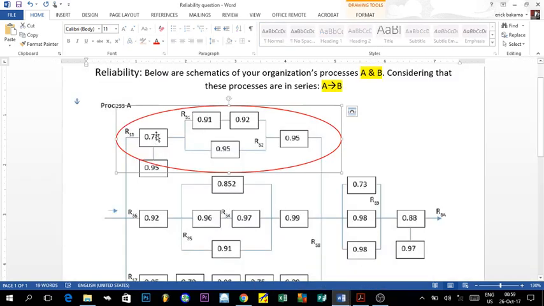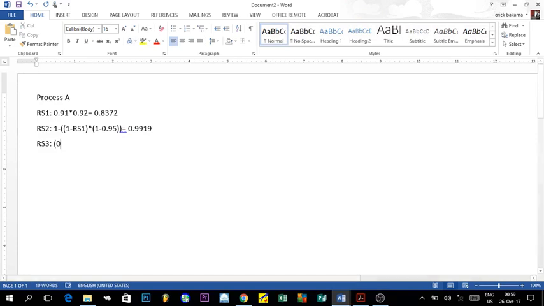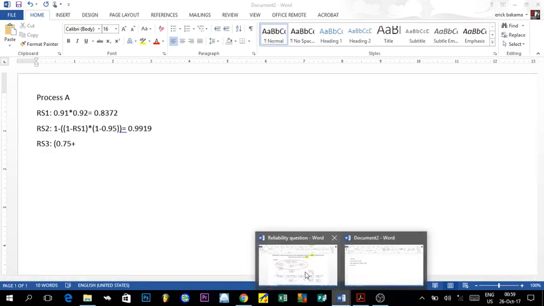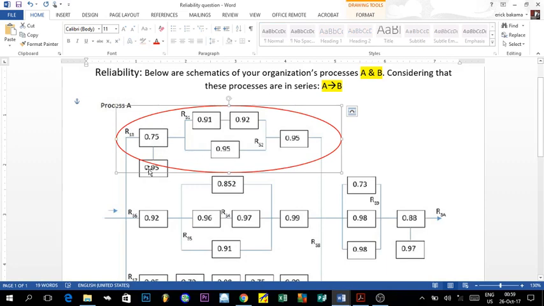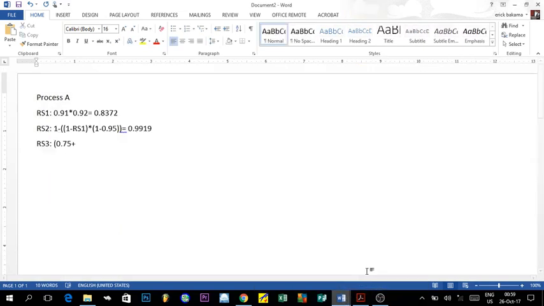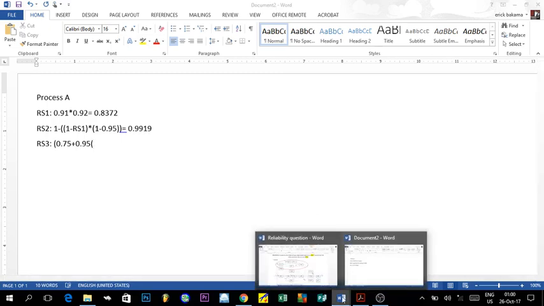The first component is the main one, 0.75, plus the probability of the second component to work, 0.95, multiplied by the probability of the first component to fail.